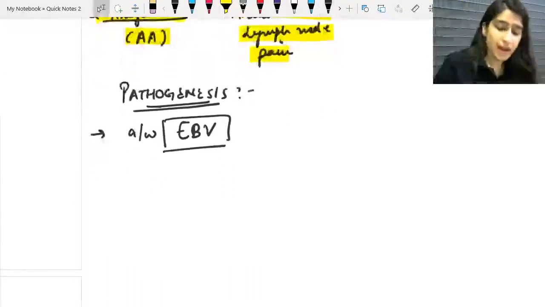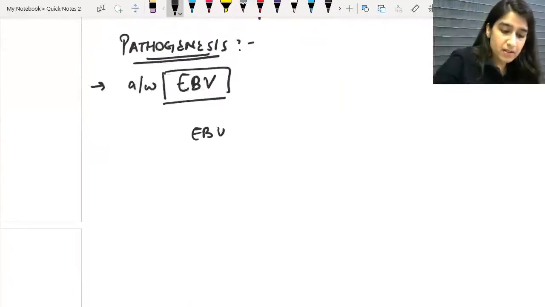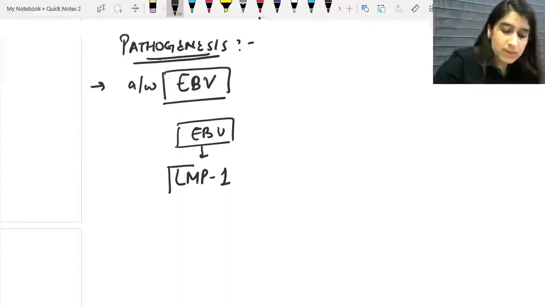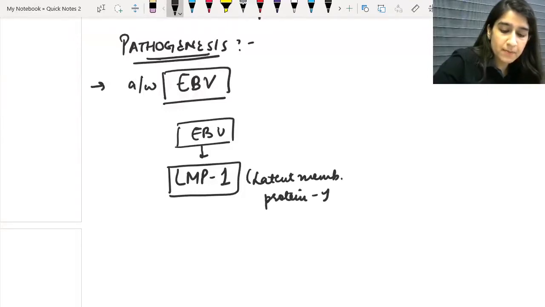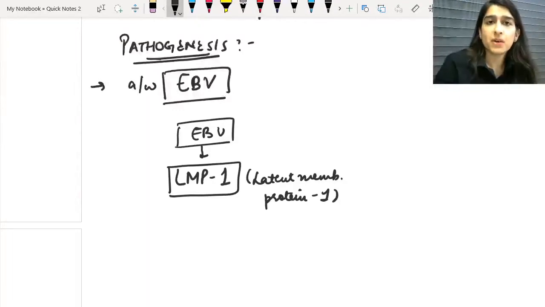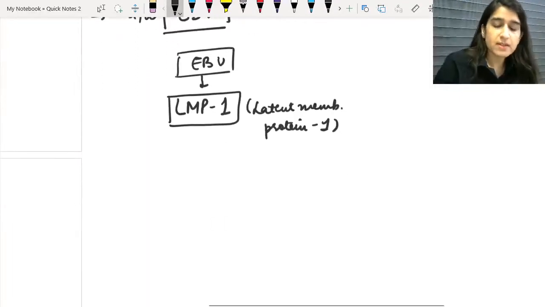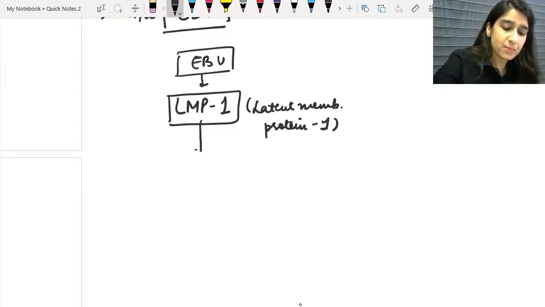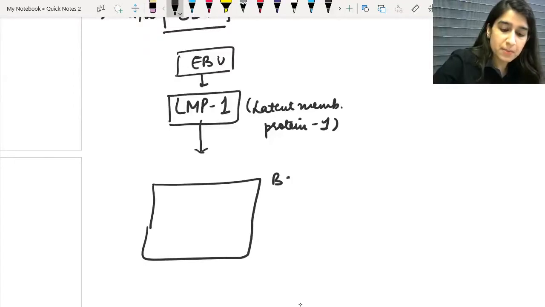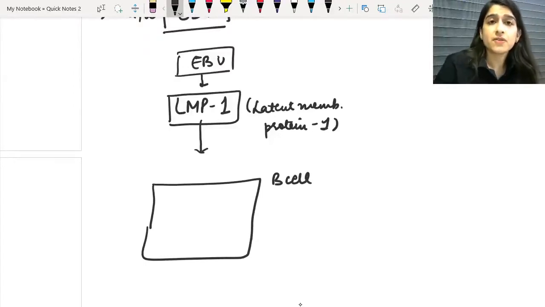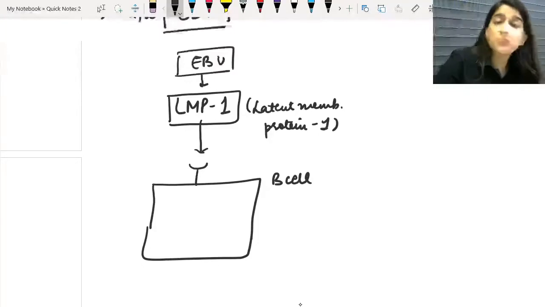What happens is that this EBV has LMP1, the latent membrane protein 1, on the surface. So what does this LMP1 do? This LMP1 attaches to the surface of the B cell via a receptor that is present on the B cell membrane.